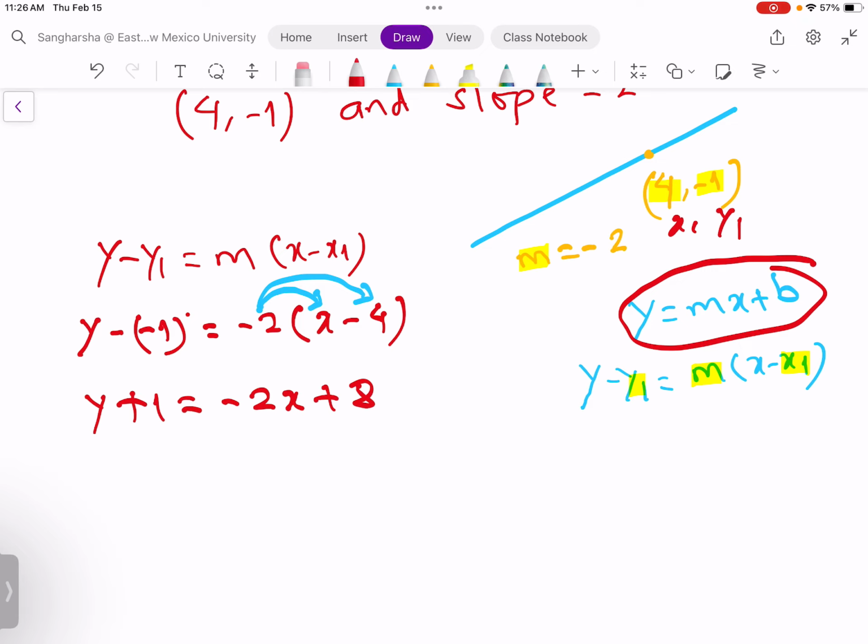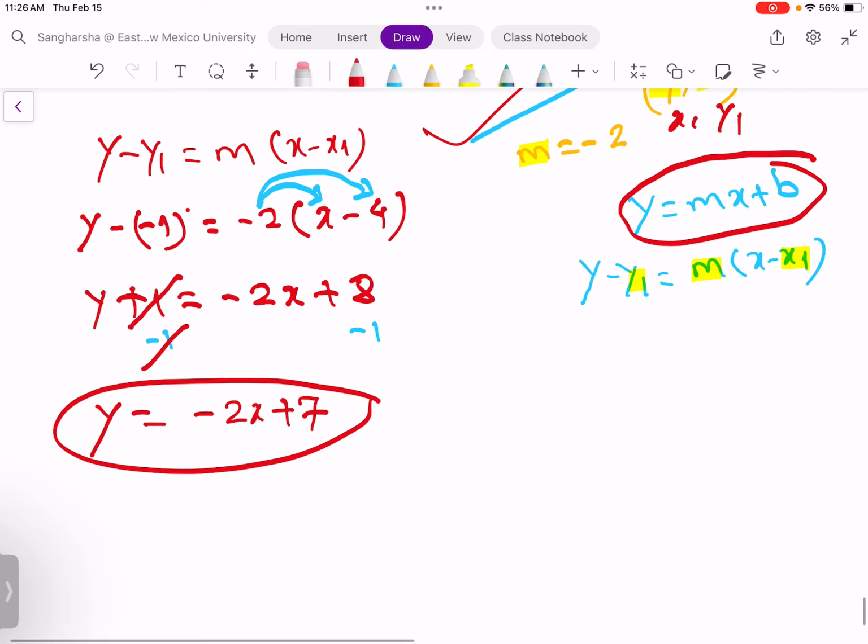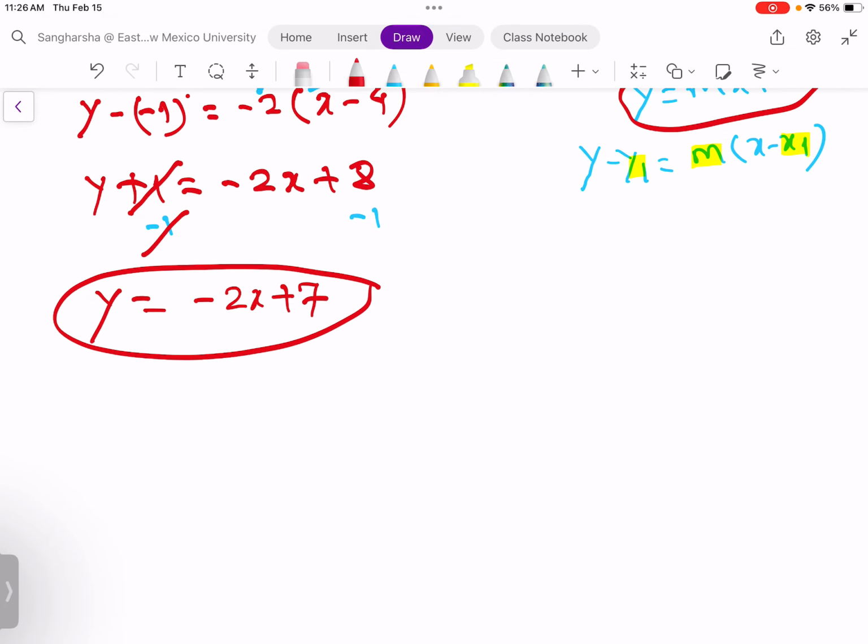We subtract 1 on both sides and we get our final answer, y equals negative 2x plus 7. This is the equation of the line whose slope is negative 2 and passing through the point (4, -1). Any question?